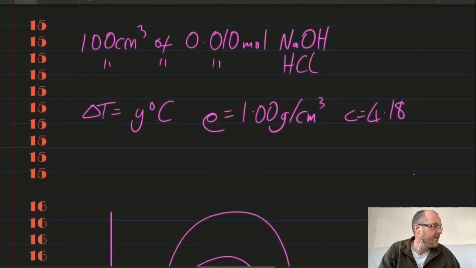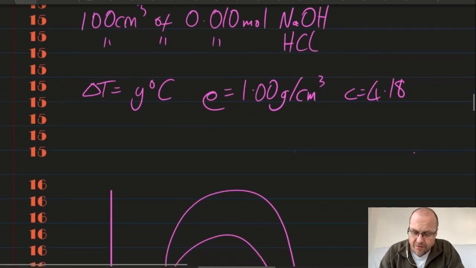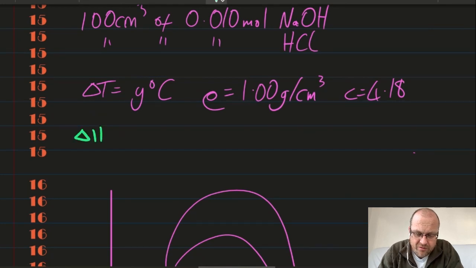Question 15. I do like these questions. I'm not entirely convinced how I could teach them, but I do like these questions. So enthalpy change of neutralization. I know there's going to be a minus there because acid and base react and have an increase in temperature.